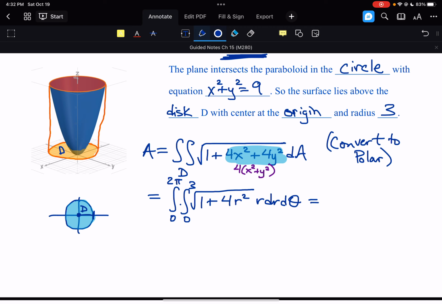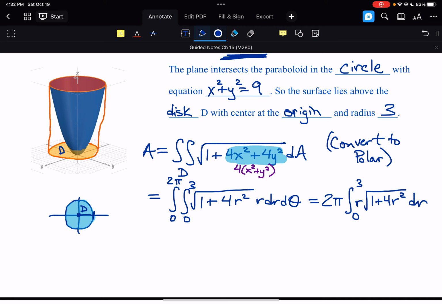Because there are no values of theta in this, we can separate the two integrals, and theta going from 0 to 2 pi, so we just get a 2 pi. Integral from 0 to 3. I'm going to move this r in the front just so that we don't get it confused as being in the radical, because it's not. I get 1 plus 4r squared dr.